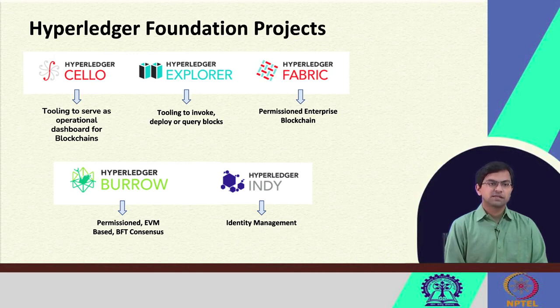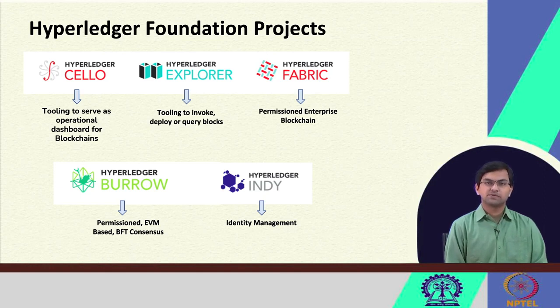Apart from these tools, there is Hyperledger Fabric, Burrow and Indy. These are actually distributed ledger platforms in themselves. Fabric is catered toward enterprise blockchain networks, whereas Burrow has a specific design. We studied that in Ethereum. Ethereum uses a virtual machine for executing smart contracts, which is called the Ethereum Virtual Machine.